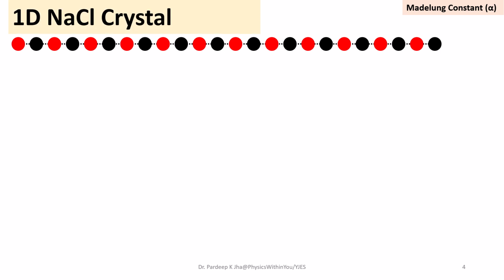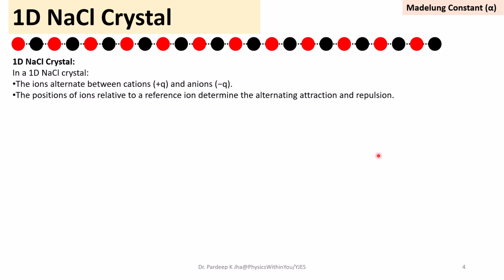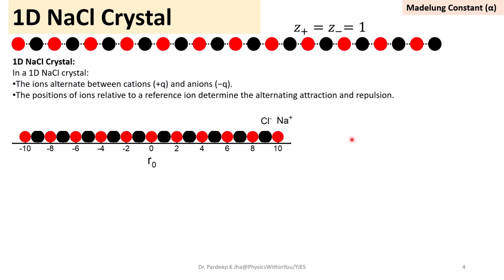So we are considering 1D sodium chloride crystals. All have the same amount of charge, say 1e, but the nature of the charge is opposite. On sodium it is plus, on chlorine it is negative. They are separated by a distance, and this goes to infinity on both sides.